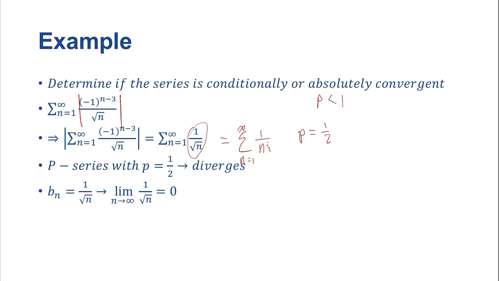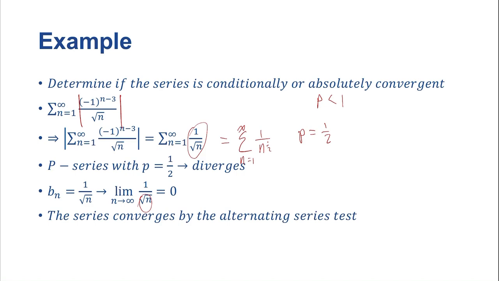So b sub n equals 1 over the square root of n. We take the limit as n approaches infinity of that, and it should be obvious that it's going to be 0. The square root of n gets close to infinity, and when we divide 1 by infinity, we get 0. So thus, the series is convergent by the alternating series test.